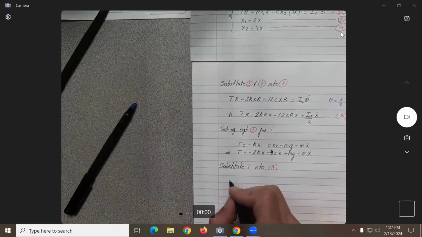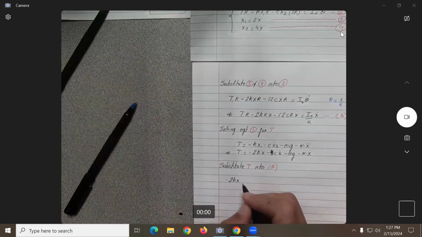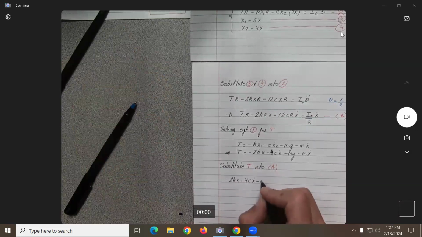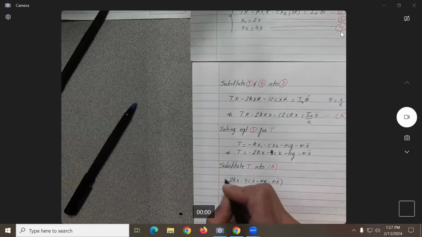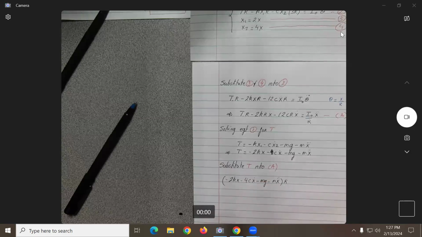That's going to give us minus 2kx minus 4cx dot minus mg minus mx double dot, times r, minus 2krx minus 12crx dot equal to I naught over r, x double dot.